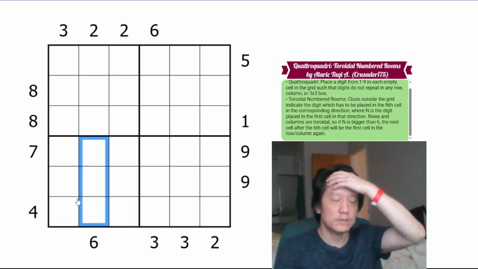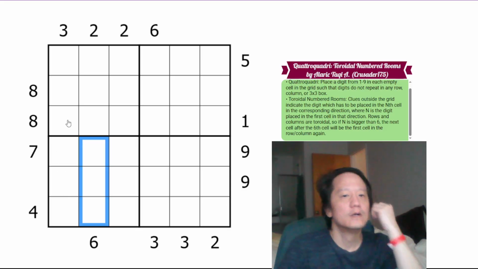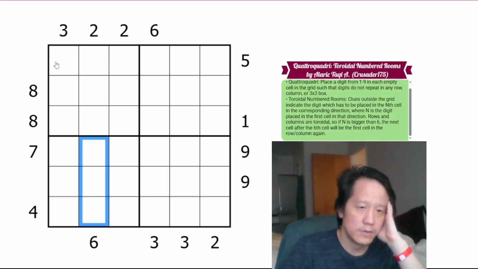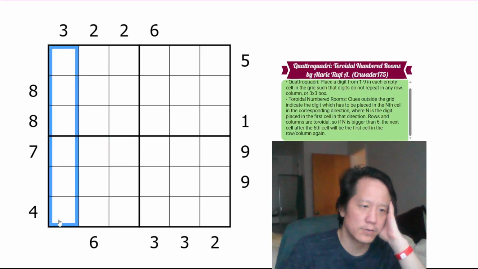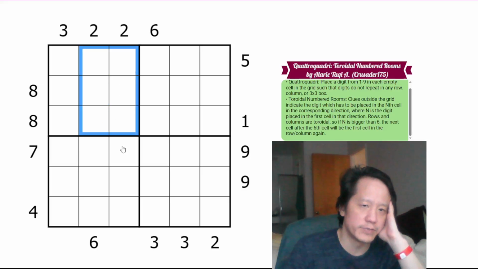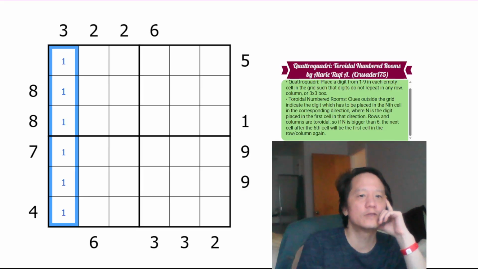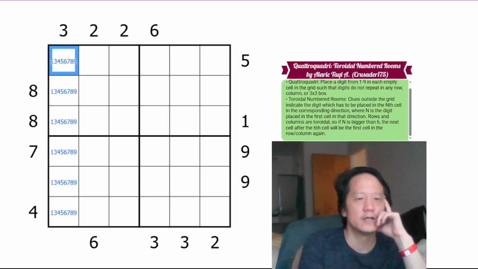What does that mean? 2 obviously cannot be here because we have a 2 already in this box, one of these 2 columns, and same here. So this can never have a 2. So we have 1, 3, 4, 5, 6, 7, 8, 9.